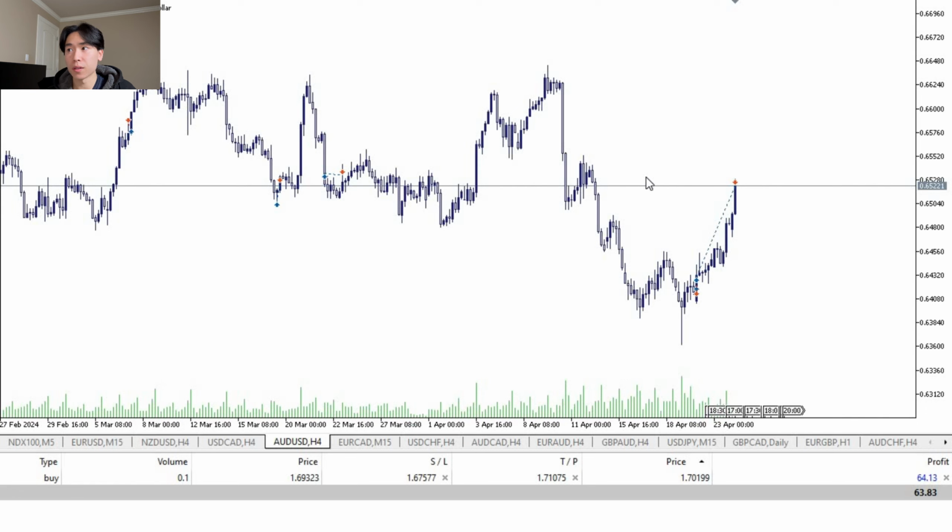Now I'm back at break even, so it'll let me hold on to the other trade with less mental stress or worry. So I'm gonna leave this trade and just let it hit my take profit.